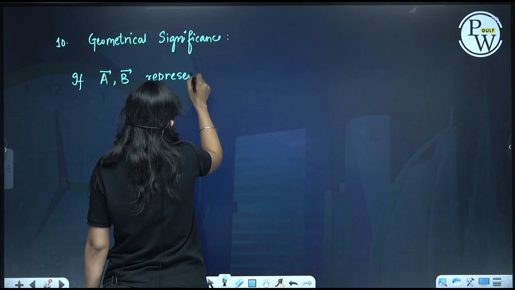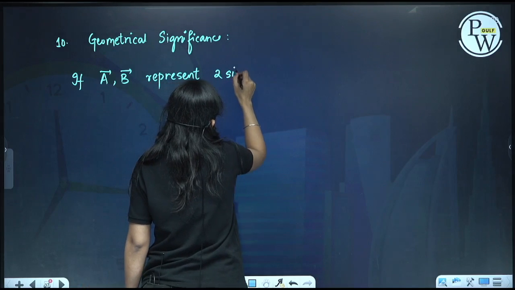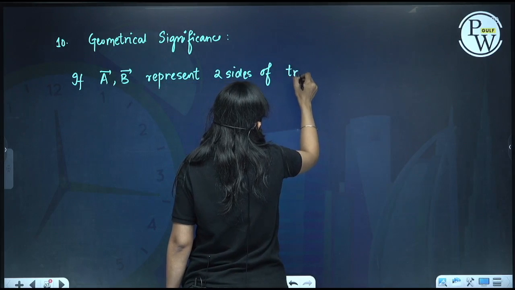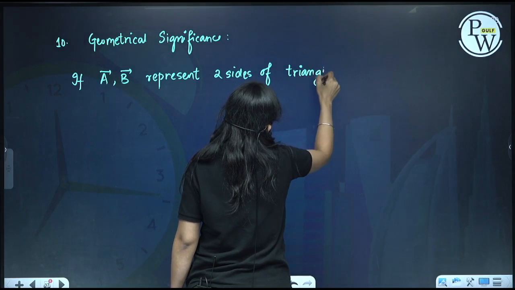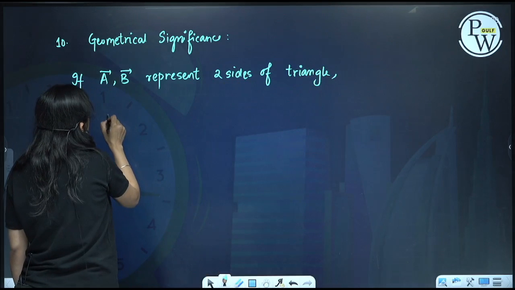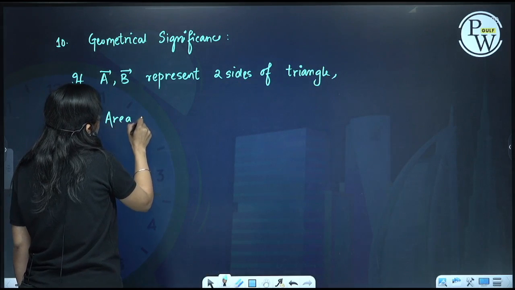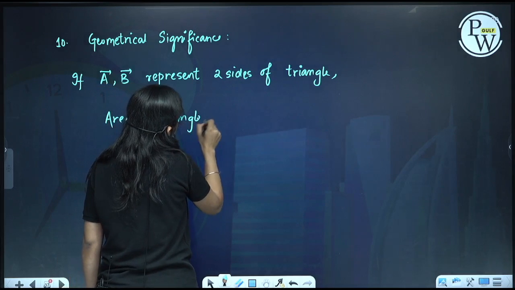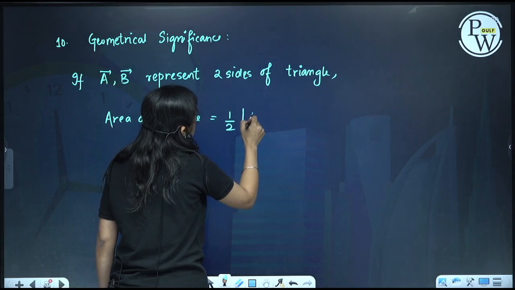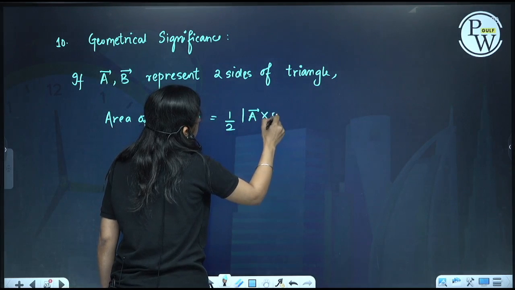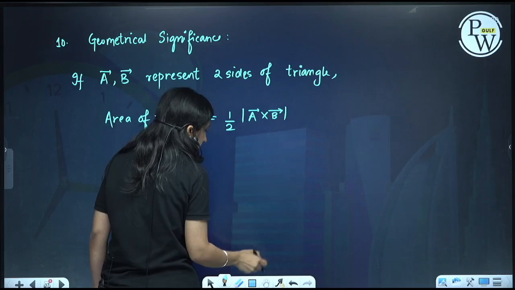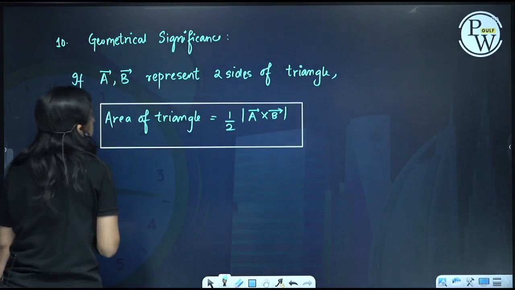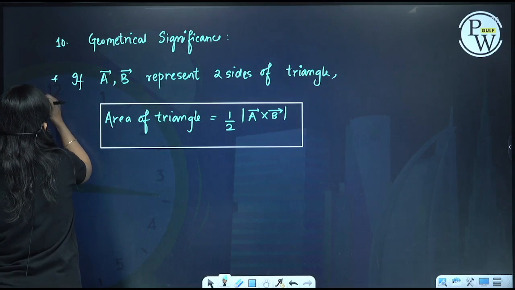If a vector and b vector represent two sides of a triangle, then the area of the triangle is equal to half into magnitude of a cross b.